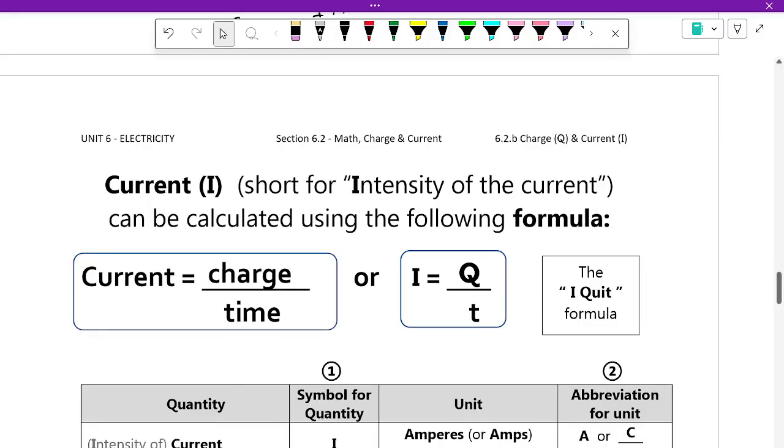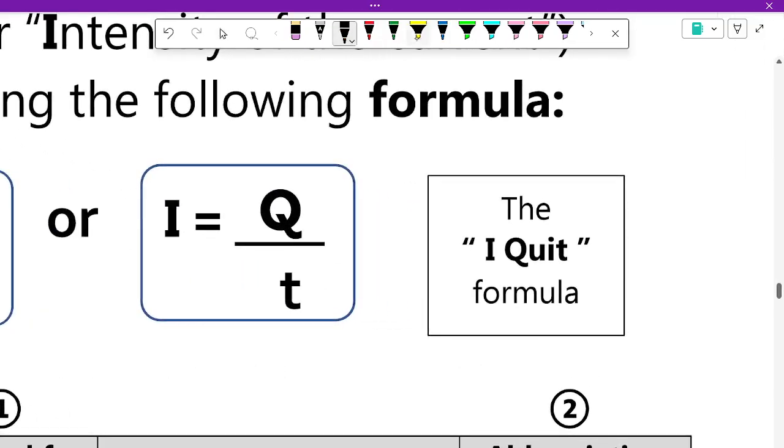Now, this is our first electricity formula, and this is the I quit formula. Do you remember that one? We looked at it a few days ago.